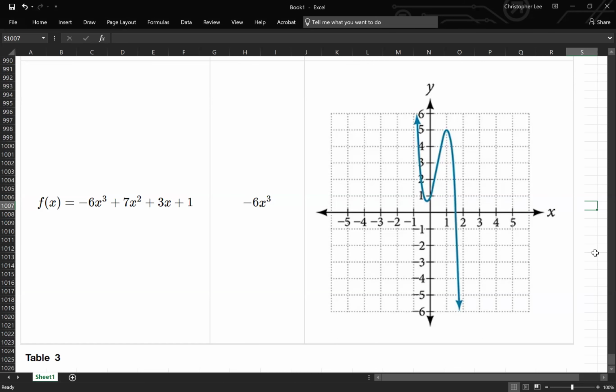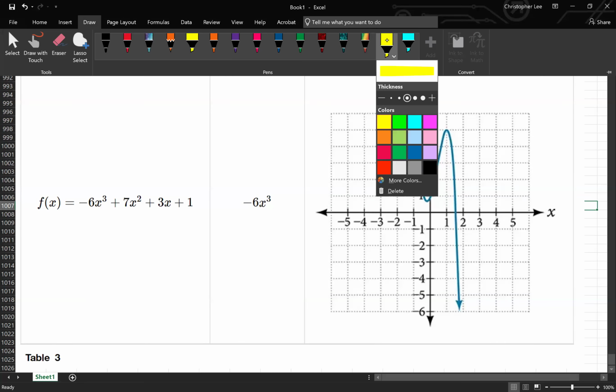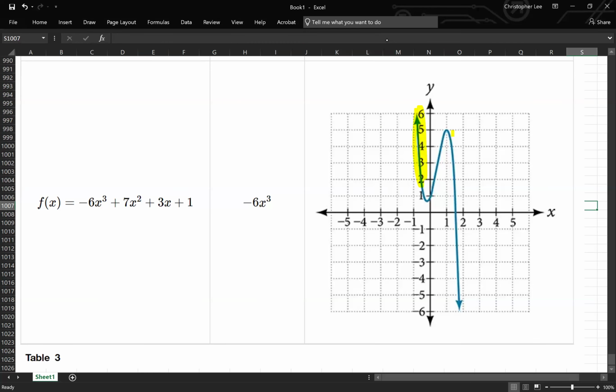And also it's odd, so I know that my end behavior is going to be... I like the yellow better than the green. What y'all think? But yeah, that's going to be the end behavior right there. All right. And that's it.